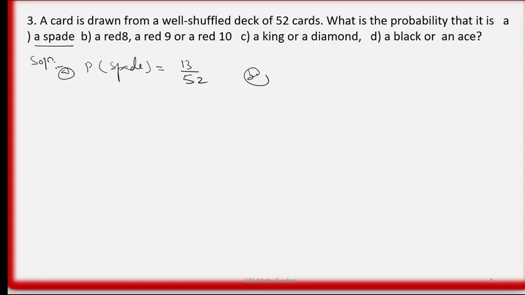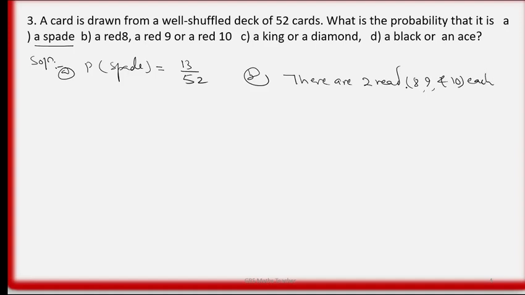And the second part, a red 8 or a red 9 or a red 10. For this question, there are 2 red cards of each of 8, 9 and 10.